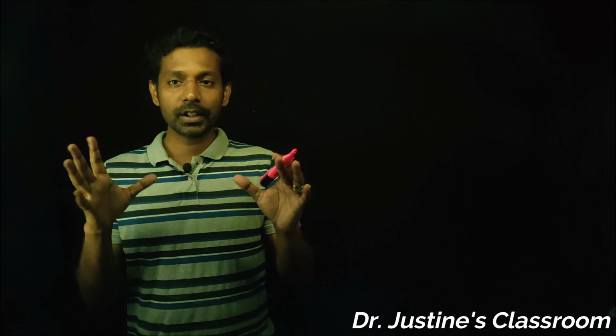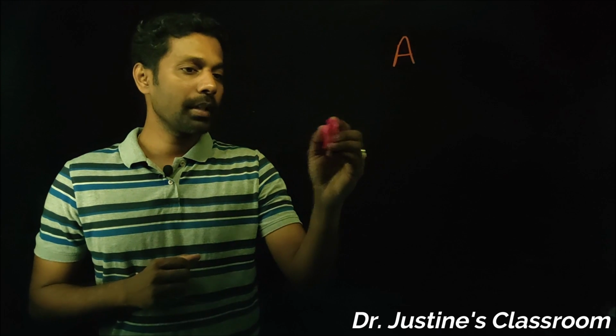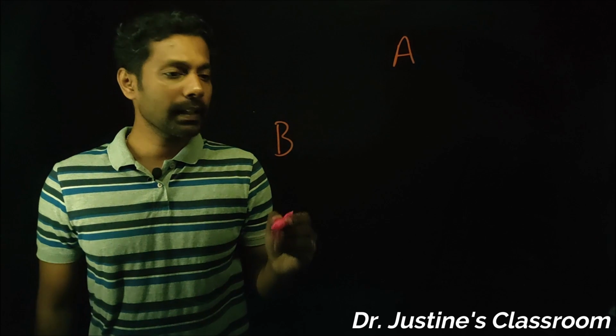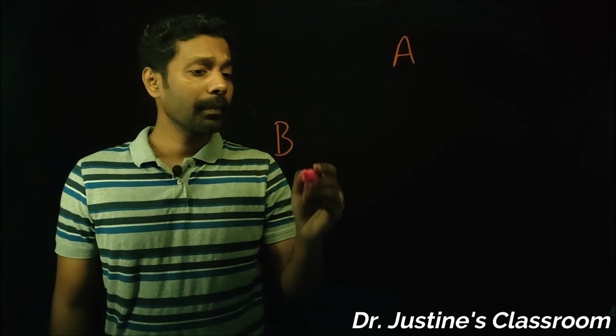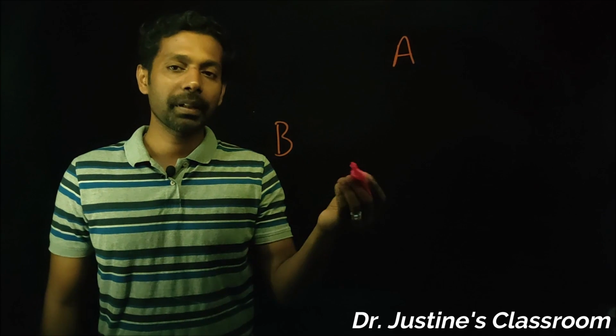Now try to imagine that you are doing this research. So think about the context here. You have an independent variable A here and another variable B here, and consider this B as a moderator variable, or let us say just an independent variable. We'll see what is moderator, what is independent, like that.